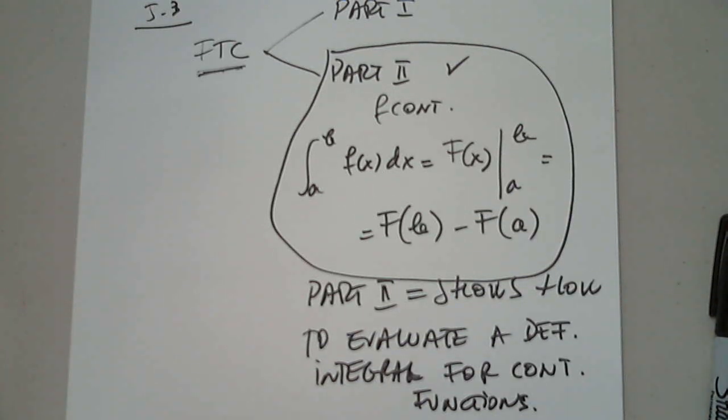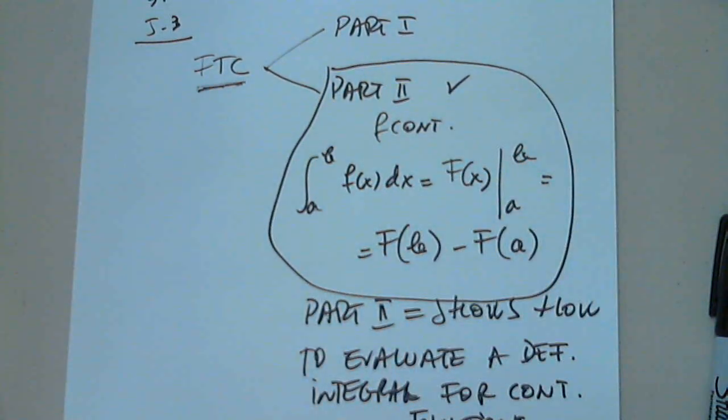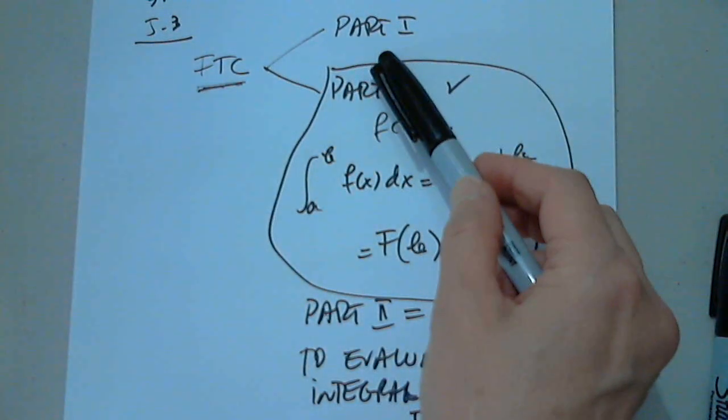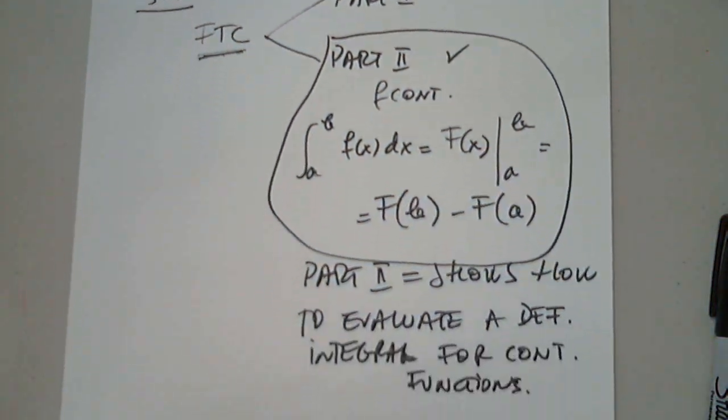Good. So now let's talk about part 1. This is very clear. Part 2 is teaching us how to determine a definite integral, how to evaluate it. But what about part 1?